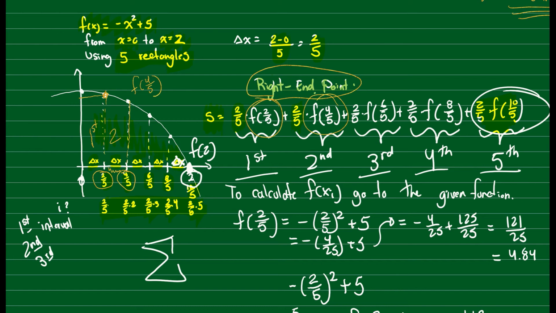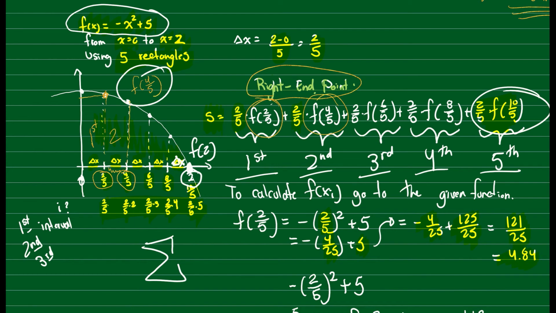Let's see, how do we evaluate f of 2/5? Well, remember, we are given our function negative x squared plus 5. To evaluate that, we just substitute whatever this x was. So negative (2/5) squared plus 5. (2/5) squared is 4 over 25. Negative 4 over 25 plus 5 is negative 4 over 25 plus 125 over 25, which turns out to be 121 over 25, which is equal to 4.84.